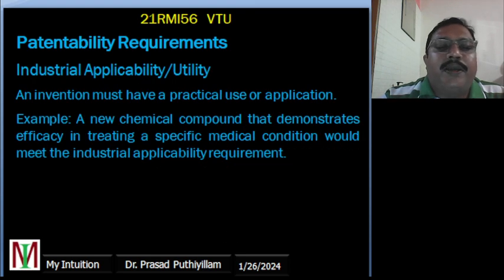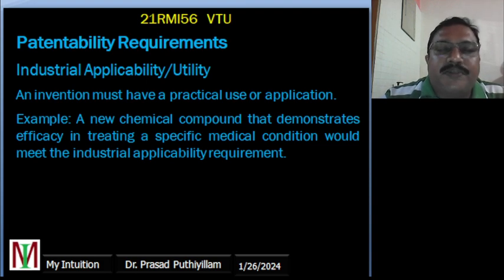We'll move on to industrial applicability and utility. An invention must have a practical use or application. For example, a new chemical compound which demonstrates efficiency in treating a specific medical condition would meet the industrial applicability requirement. That means the invention must have a practical or industrial purpose.